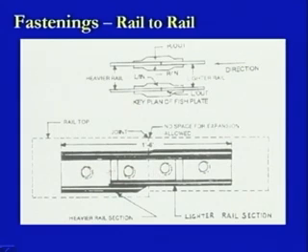Now, in this case there is one fish plate used here, and this is another fish plate which has been used here. So, when we are using it in this form, then this fish plate will go on the other side of the rail section, and this fish plate is coming on the other side of the rail section, and that is how there is an overlapping in this much area.